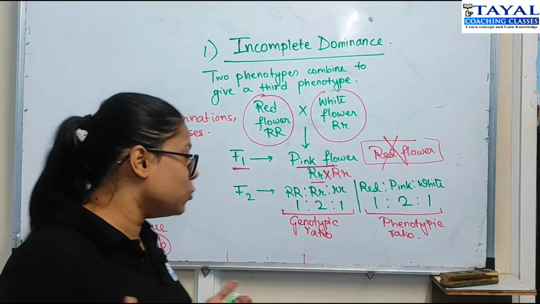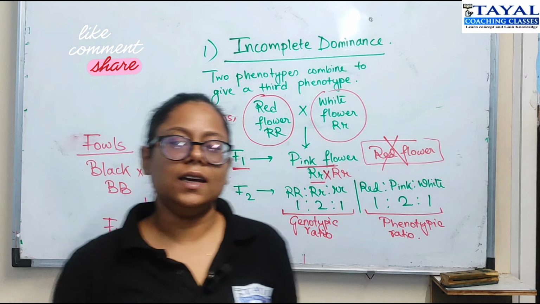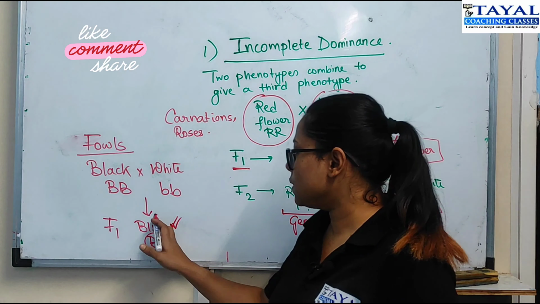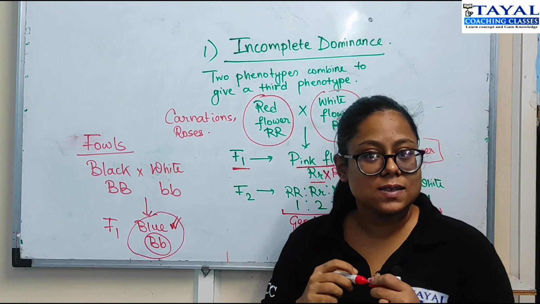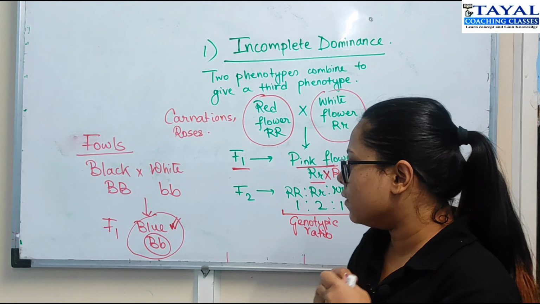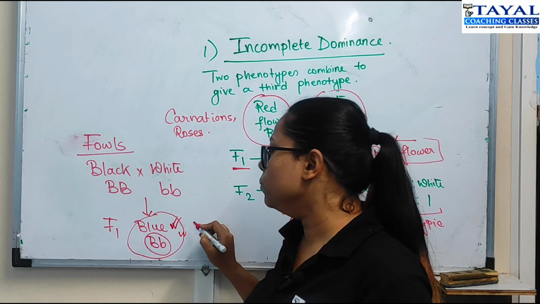Now because these blue ones are so pretty, they are also higher in demand. So initially when people started noticing these blue fowls, they had no idea that it's because it's an intermediate hybrid character. So they started killing the blacks and whites and started breeding the blues.